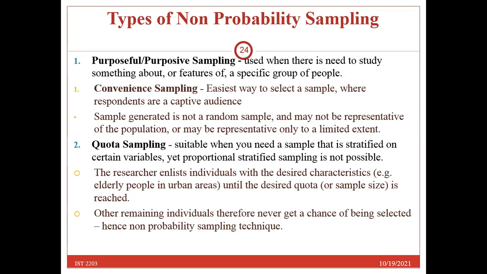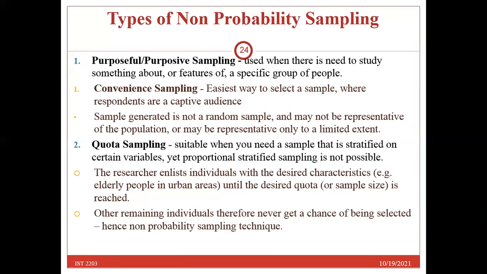So one of those is purposive sampling. This is used when there's a need to study something about or features of a specific group of people. So you're looking at a specific group of people to start with. You don't want an entire population. You just want a specific group of people, and you want to study some of them to represent them.